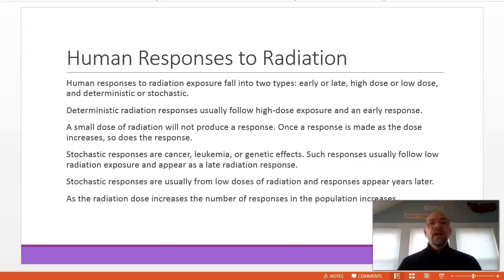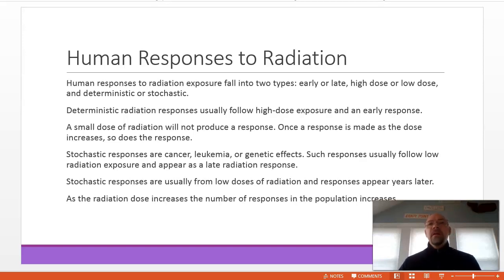Now, when we're talking about the human responses to radiation, we kind of break it up into this or that. And there's a few of them to consider. The first one is, are there early signs of radiation exposure or late signs of radiation exposure? So early would be, do we see some signs or symptoms right after the exposure?